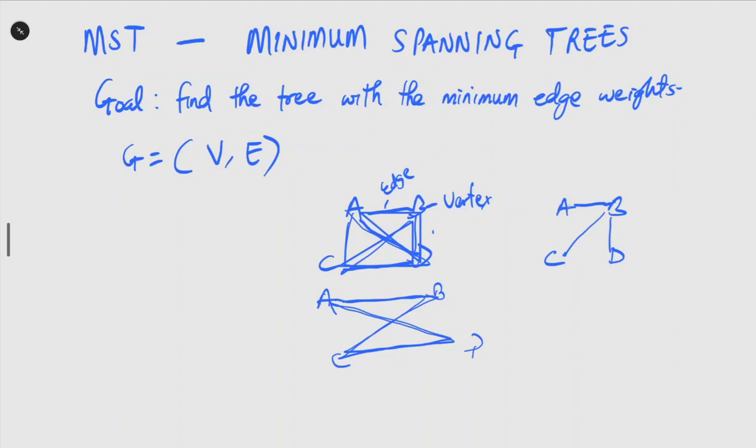For example, if in a tree we go from A to B, and B to C, to get back to A, we'd have to go back in an opposite direction from C to B and then backwards. But for a cycle, we don't need to make this return movement. We just move from one point to another. We just mosey on till we get back to the original starting point.